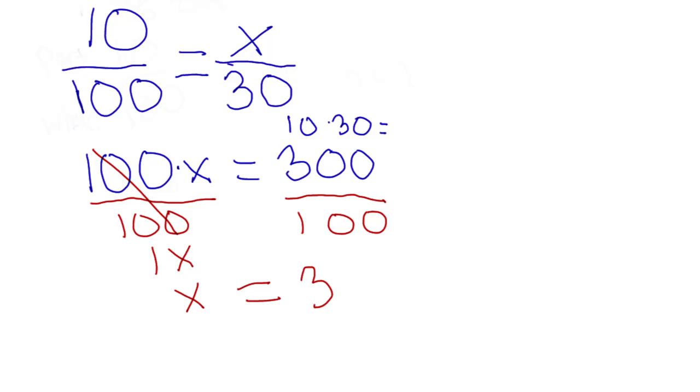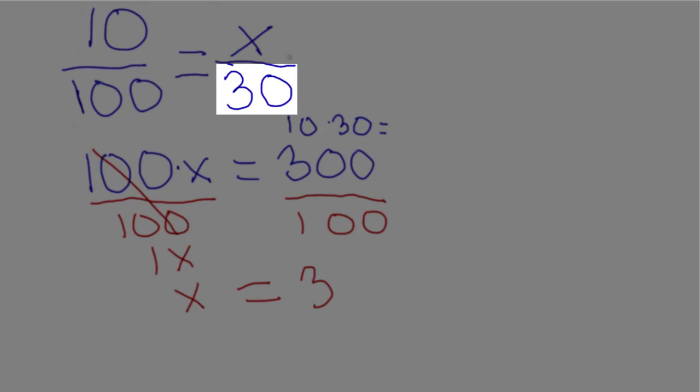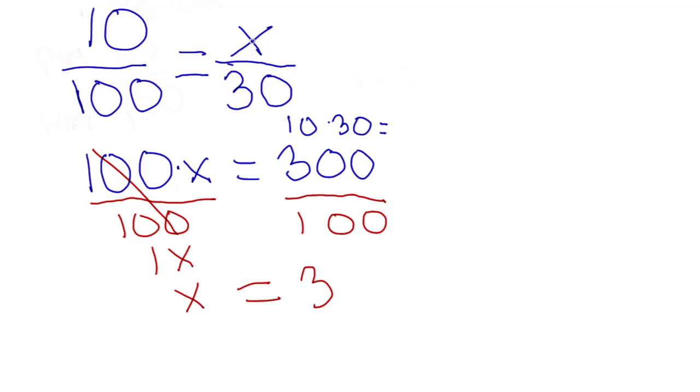Let's go back through what we did with the numbers one more time. Remember, we set up our 10% as 10 out of 100. Then we know that 30 is the total, the whole price of the dress, so we put it on the bottom where the wholes go. We put an X in the blank space just to have something represent our missing answer.